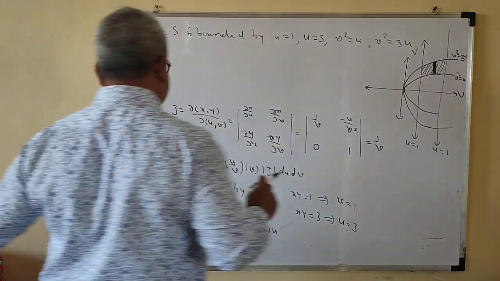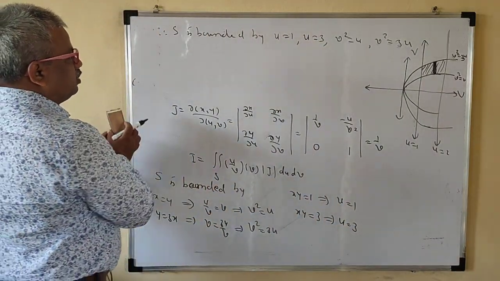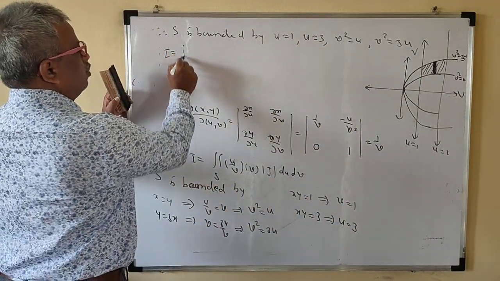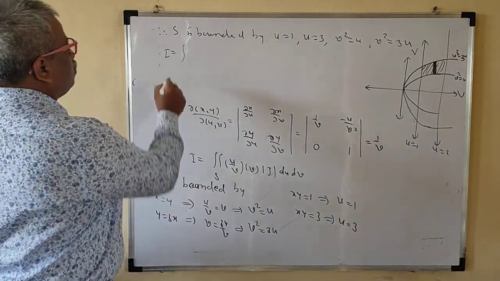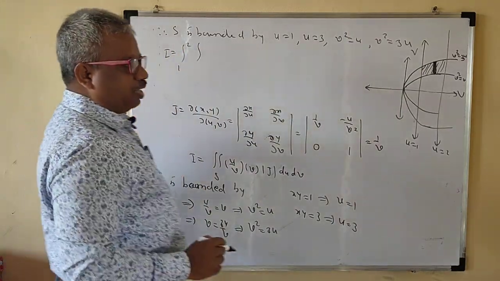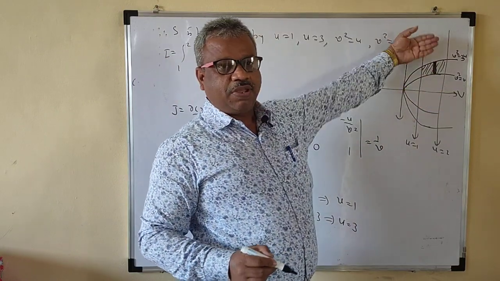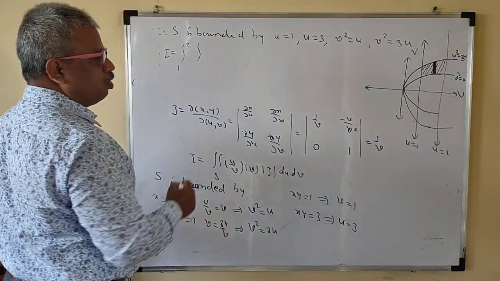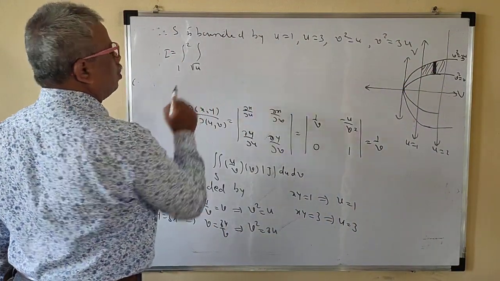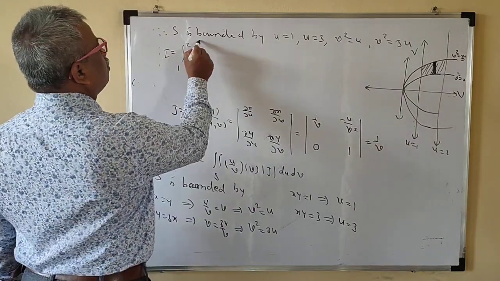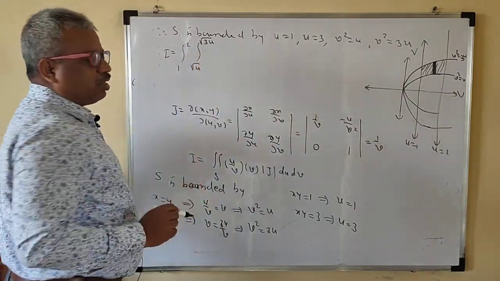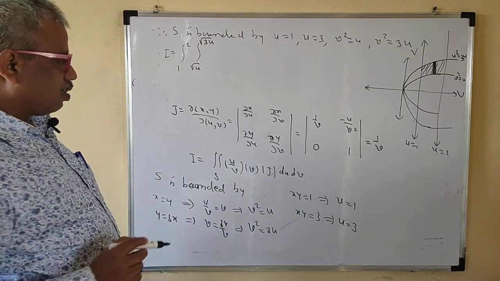Then the limits of u are 1 to 3. Limits of v: from the lower curve, which is root u, to the upper curve, which is root of 3u. We are not taking the minus sign because we are in the first quadrant.